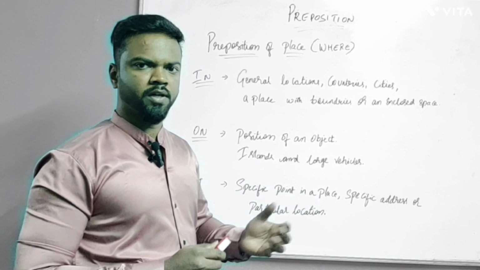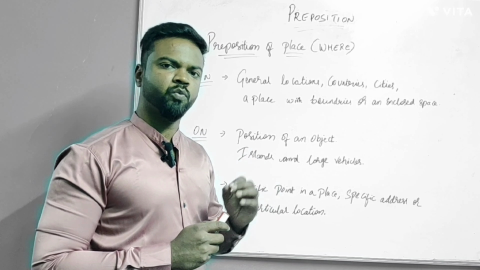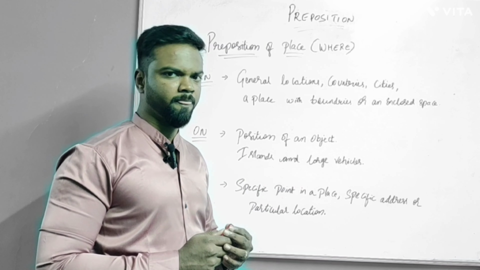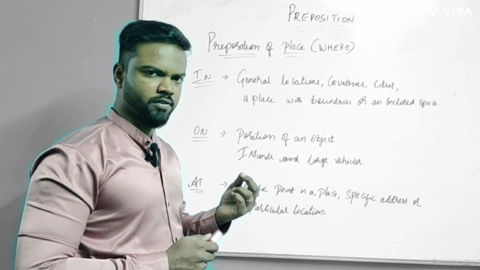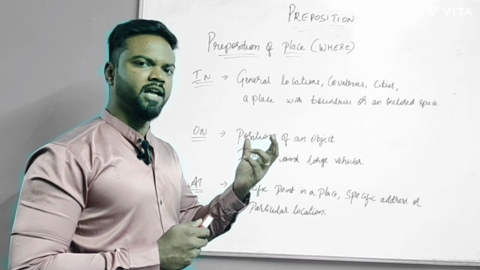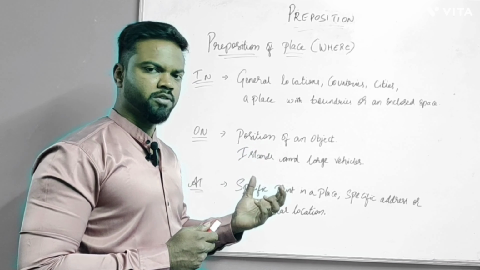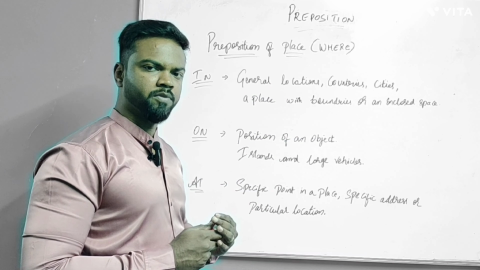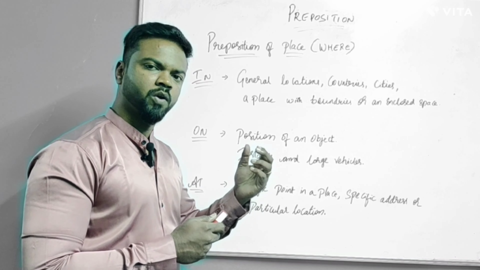Friends, we are coming to the end of today's lesson. So let's have a quick recap of what we have done today. We have done preposition. Under preposition, we saw two categories: preposition of place and preposition of time. Preposition of place answers where, and preposition of time answers when.